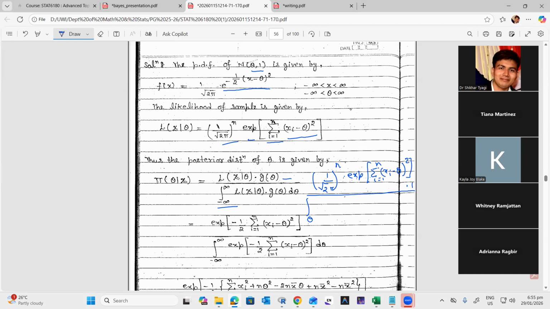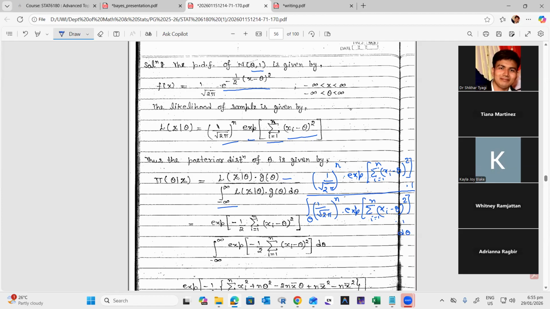divided by the integral over the range of theta of 1 upon root 2 pi raised to the power n into exponential e raised to the power minus 1 by 2 summation i goes from 1 to n (xi minus theta) whole square into 1 d theta.